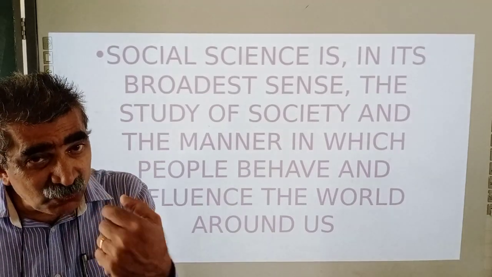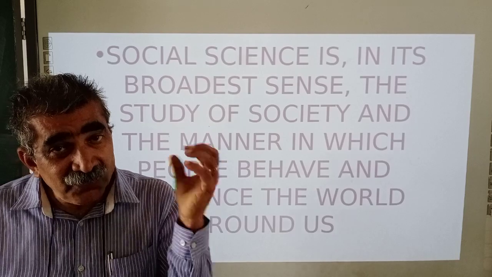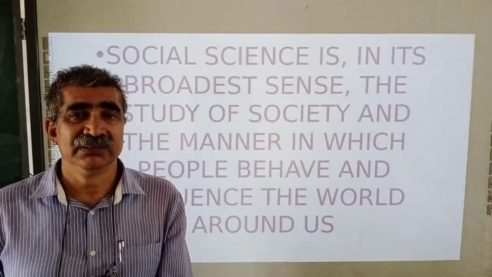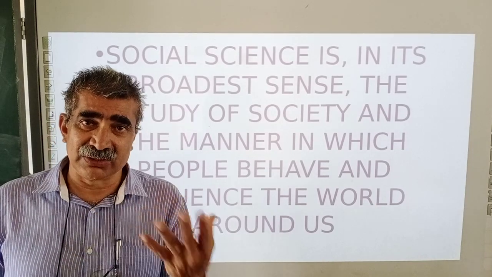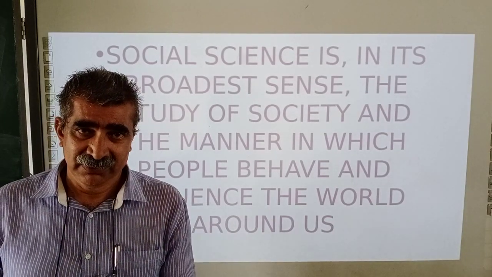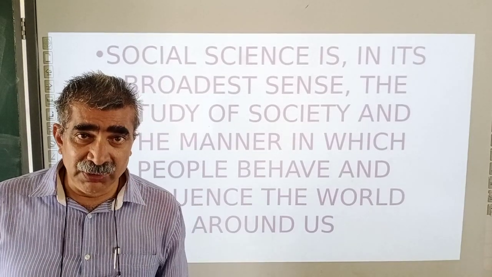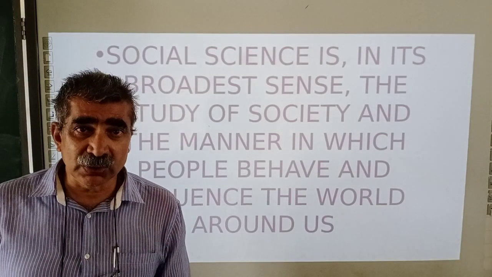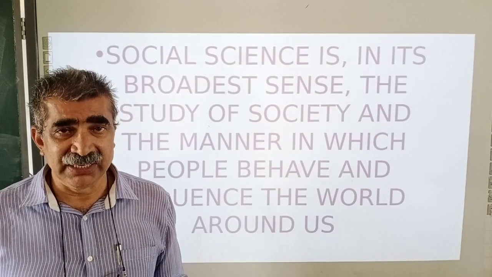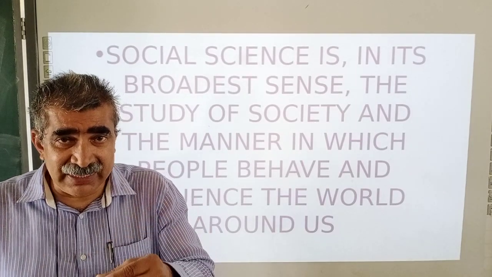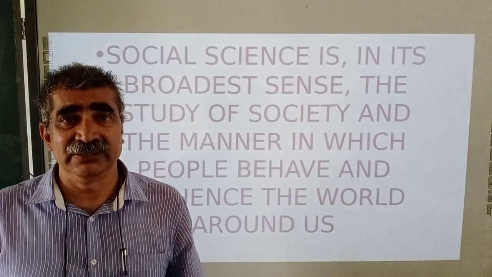So people means we. We are the members of the society. If we are not there, there is no society. When many individuals join together, the society is created. So one society has to interact with other society.